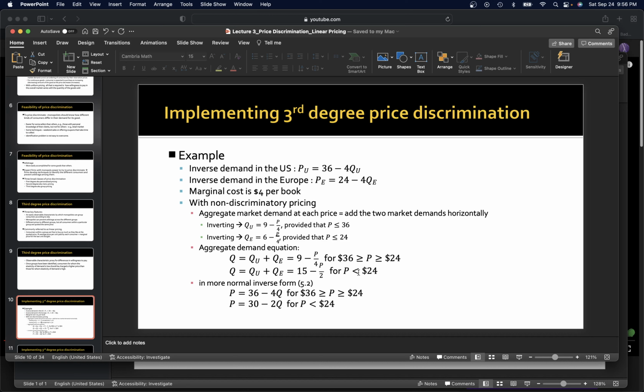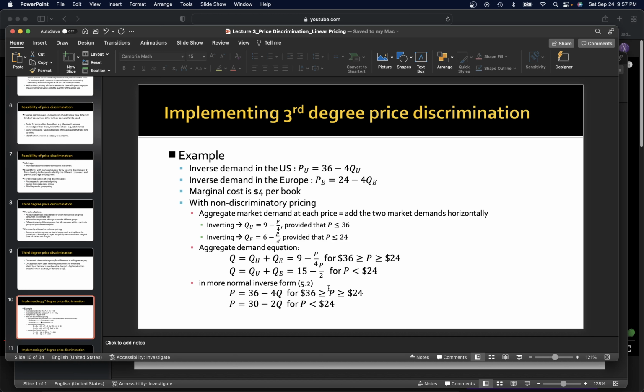So you could invert this into the inverse demand, which is our normal use case. Price equals 36 minus 4Q, that's just the US when the price is between 24 and 36. But when the price is less than 24, it becomes the inverse of this one, which is 30 minus 2Q. A couple of things I wanted to point out. First, you can think about it not in terms of price, but in terms of quantity.